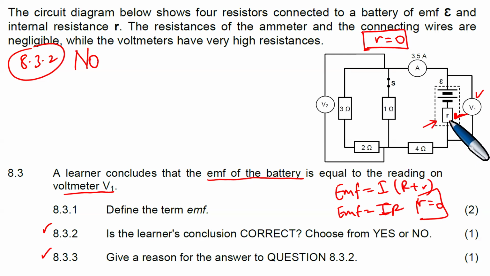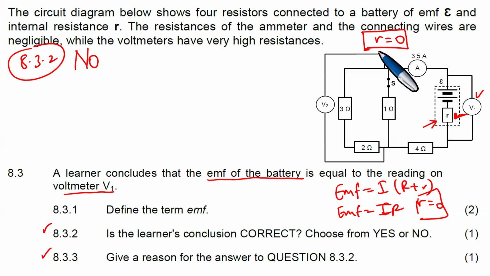But once again, in the presence of the internal resistance, the learner is supposed to be careful here and look at whether r is zero or not.